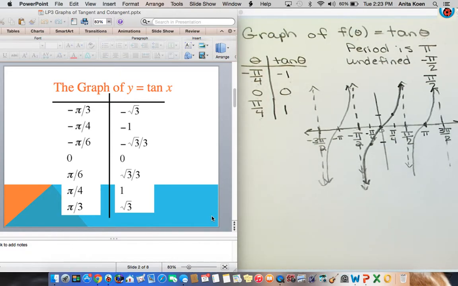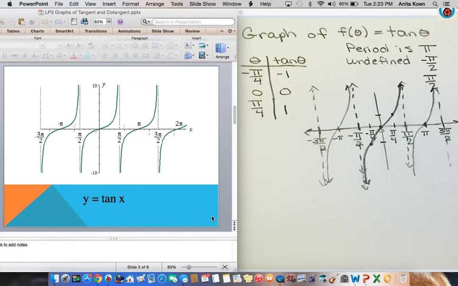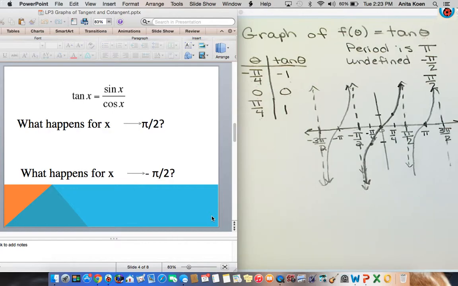Okay, now the next slides on the PowerPoint are what I've just done here. So here is my tangent function, just like we've graphed here on the paper. Remember that your quotient identity, the tangent of x, is the sine of x over the cosine of x.